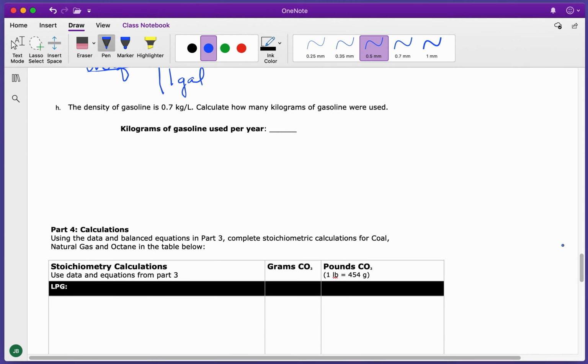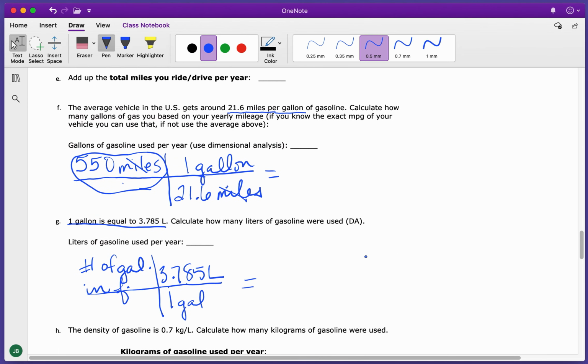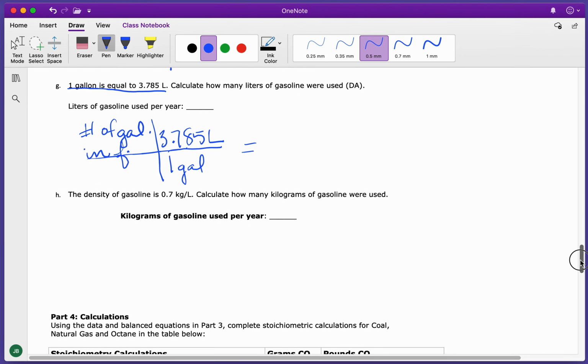Then you're going to do the density of gasoline. So if you solve for your liters here in part G, you're going to use that number to solve for the kilograms of gasoline used per year. Don't forget the equation for density is density equals mass over volume.